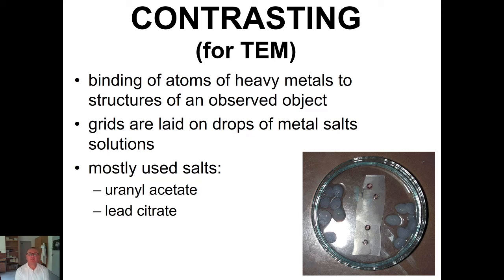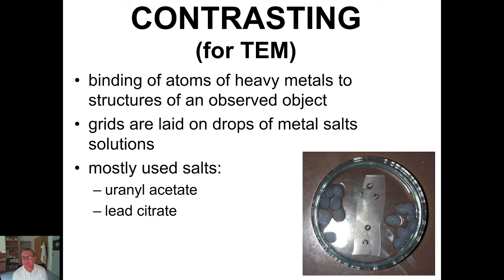Contrasting is based on the affinity of some atoms and our tissue. These atoms should be heavy metals, because only they give contrast to the specimen.